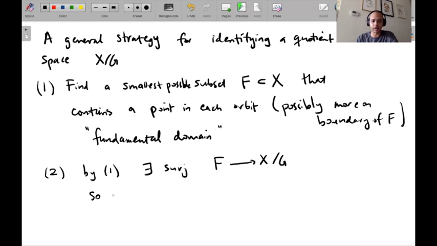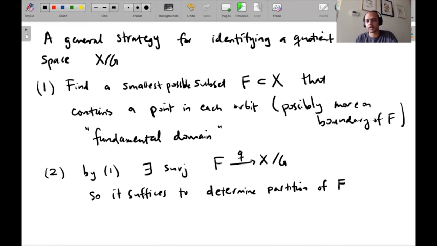And so it suffices to determine the induced partition of F induced by Q. And this is what we did here.